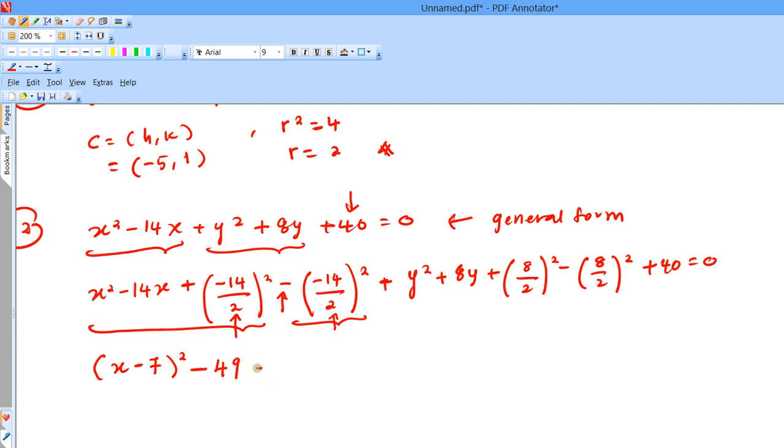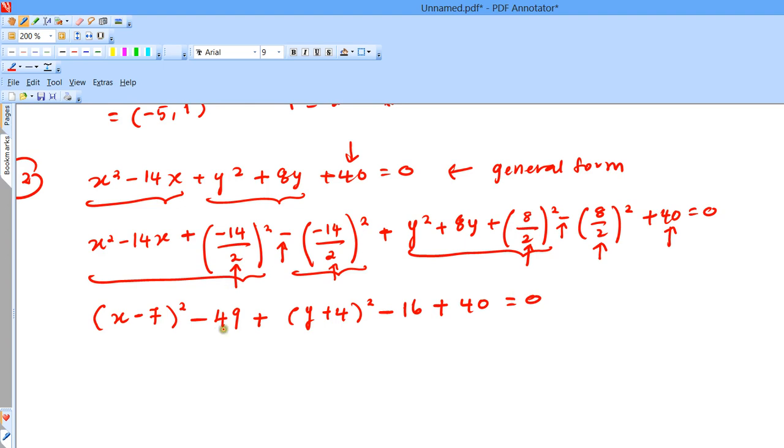And then, for variable y, the first three terms give plus (y plus 4) squared. Simplifying 8 over 2 equals 4, so positive 4 squared. We have a negative sign here, so negative 4 squared equals 16. And then the last term is plus 40 equal to 0.